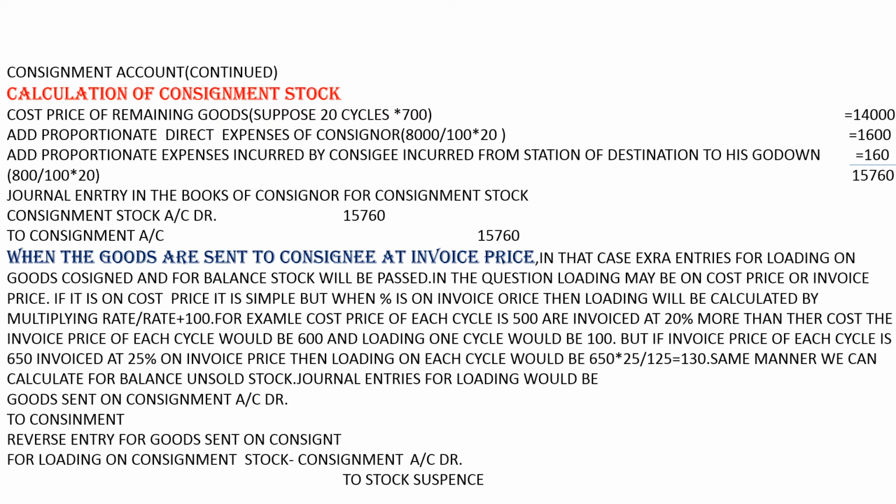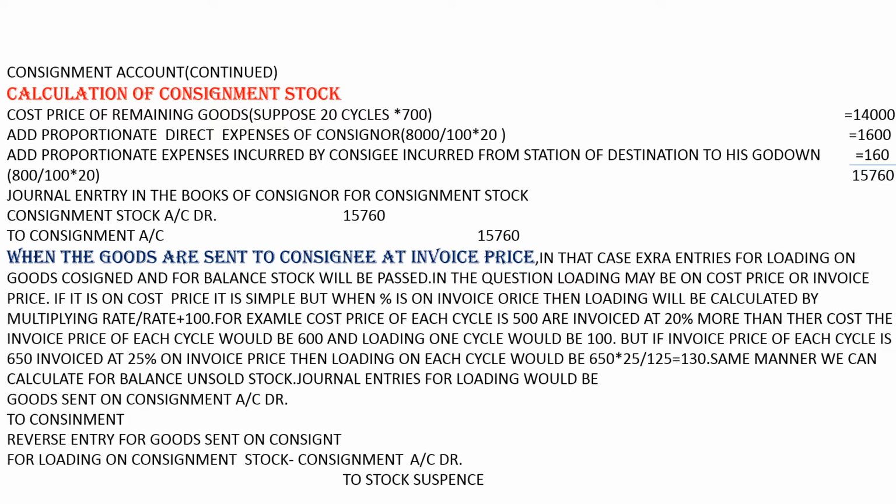If it is on cost price, it is simple. But when the percentage is on invoice price, then for calculating the loading, we will have to multiply by rate upon rate plus 100. If it is 20%, 20 upon 120. If it is 10%, 10 upon 110.